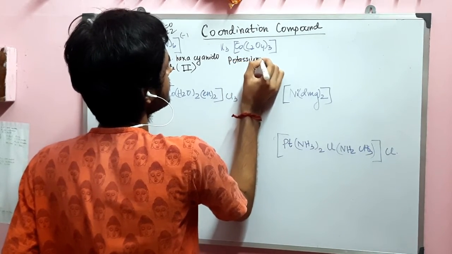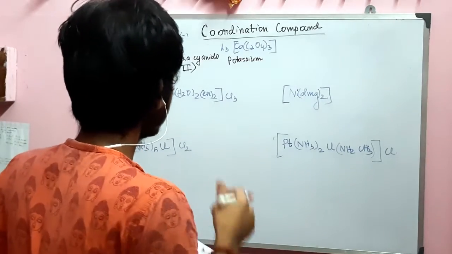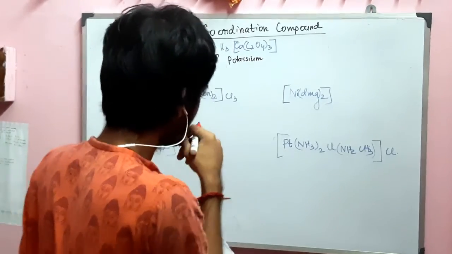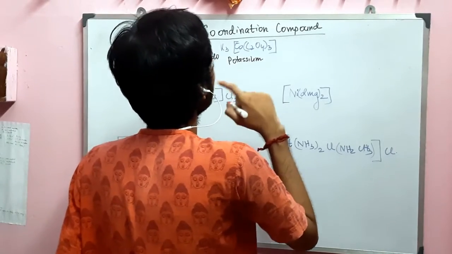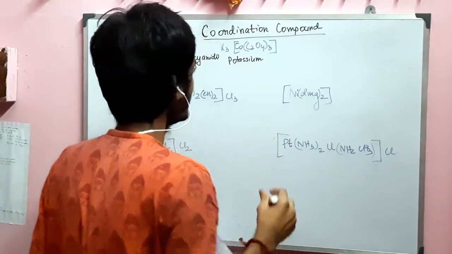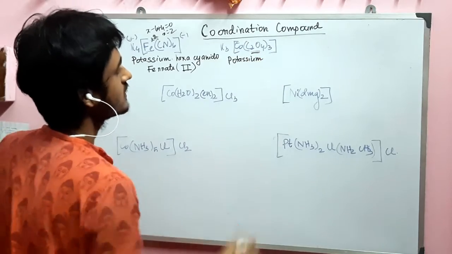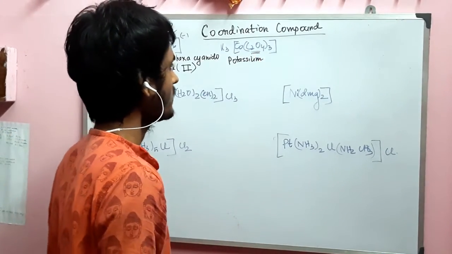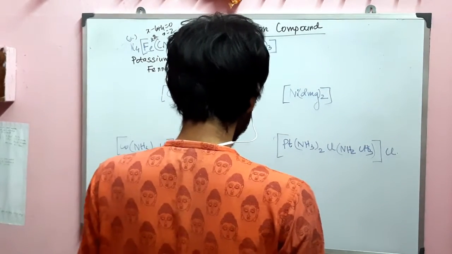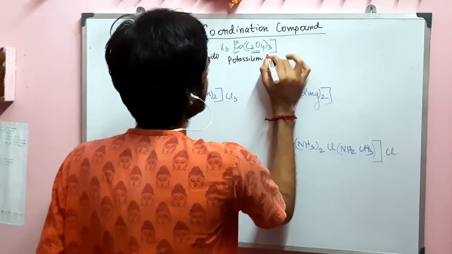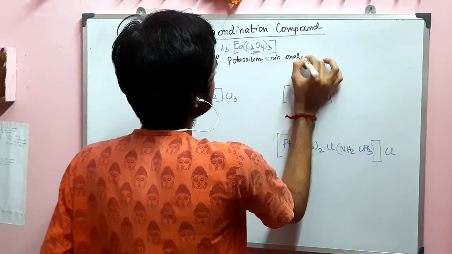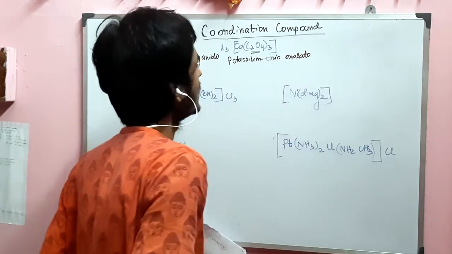This is potassium because it is the cation, so name potassium first. Then the coordination sphere, which is negatively charged or anion. This is a complex ligand, so we will not use the word tri. We will use tris, trisoxalato.